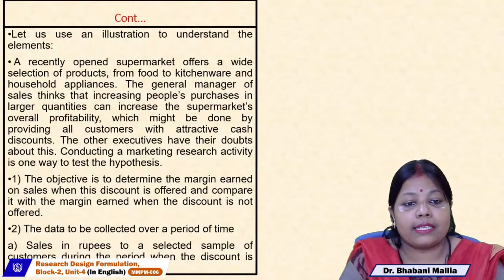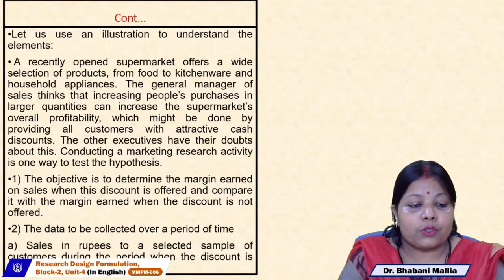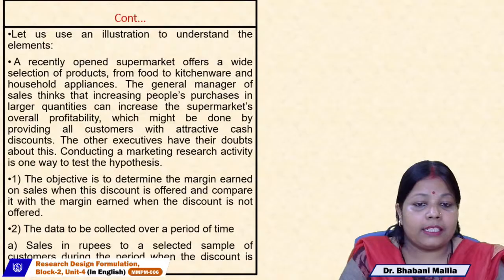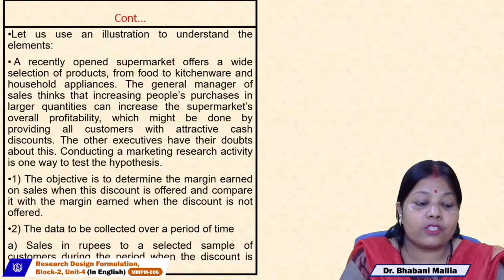Other executives have doubts about this. So the objective is to determine the margin earned on sales when this discount is offered and compare it with the margin earned when the discount is not offered.